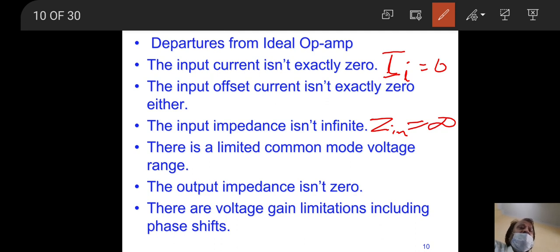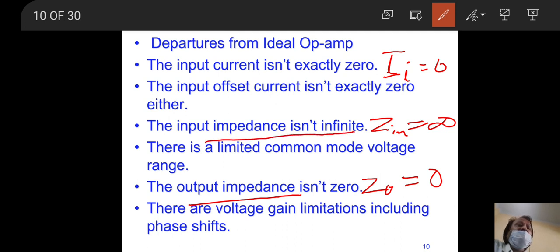What is the output impedance? Z0 is equal to 0. Why is the output impedance 0? It means the resistance connected in series to the output terminal is 0. Here the input impedance is infinite, so the resistance is connected in parallel to the two differential input terminals.